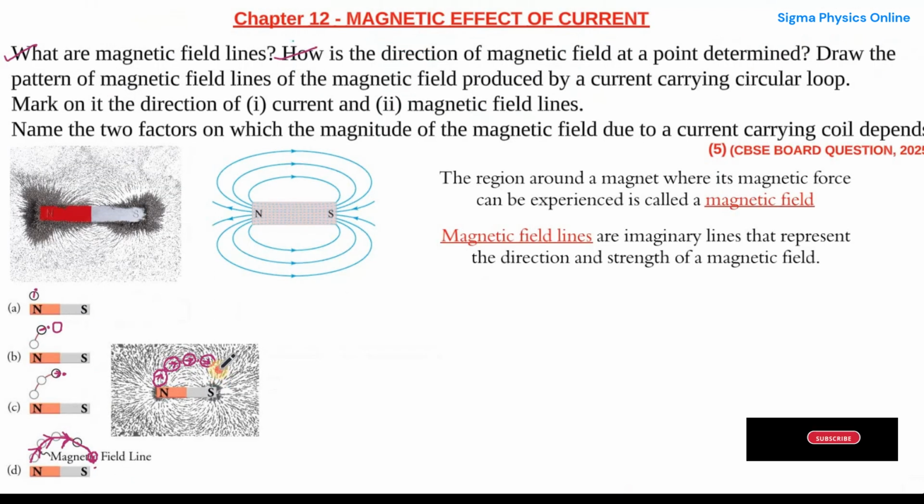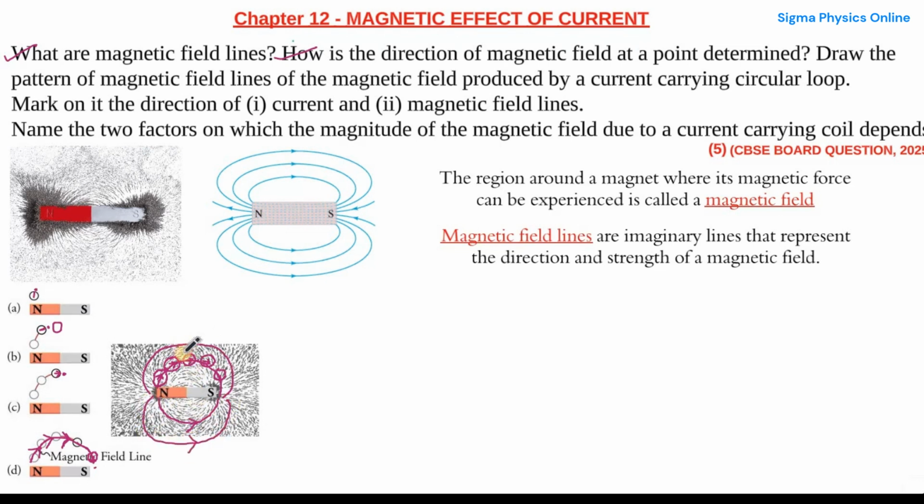So now I hope you have understood how to draw the magnetic field lines. A similar pattern will be observed on the other side also, running from north to south. Similarly, you can draw several lines representing the magnetic field lines on either side of the magnet.